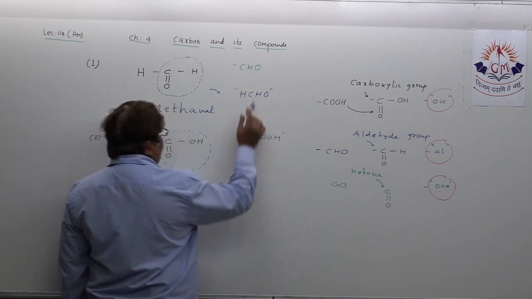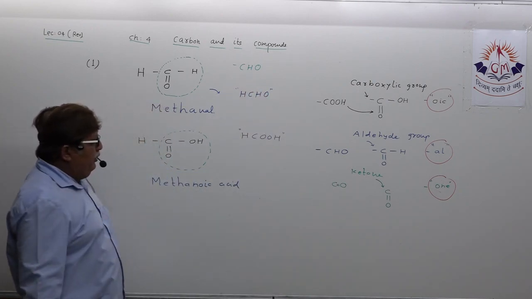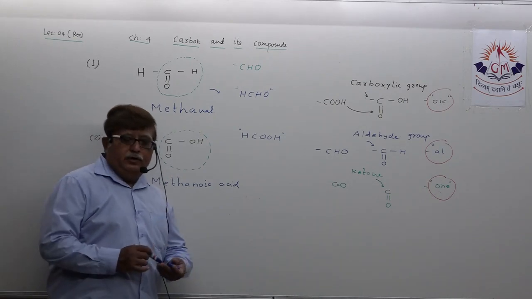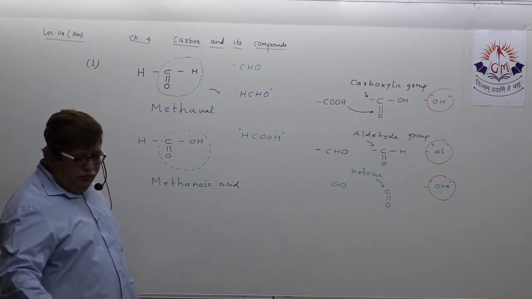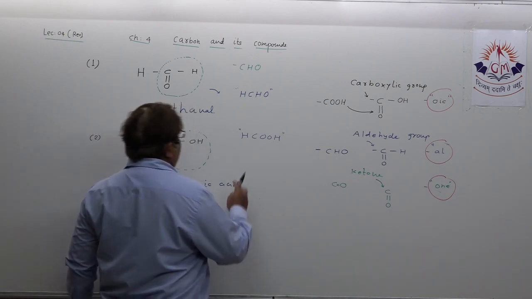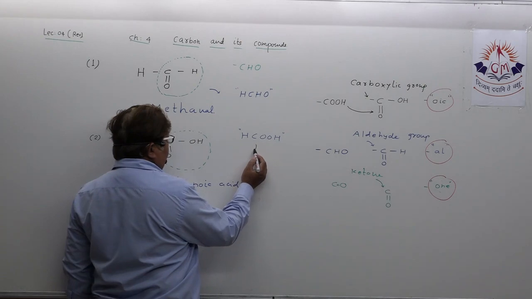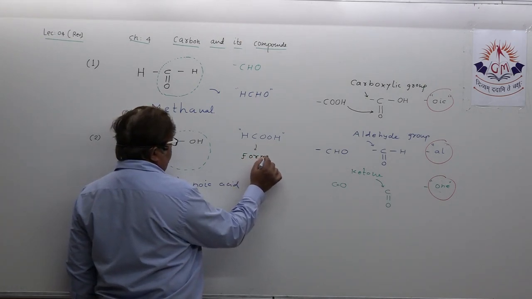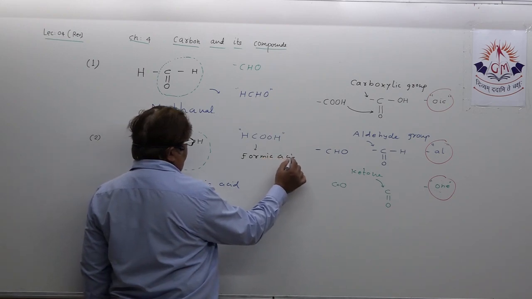That is the formula of methanal, and this is the formula of methanoic acid, HCOOH, which is also known as formic acid, as you know. Clear?